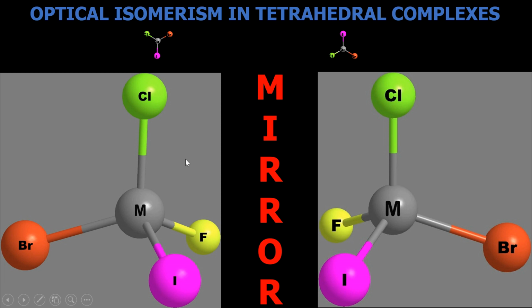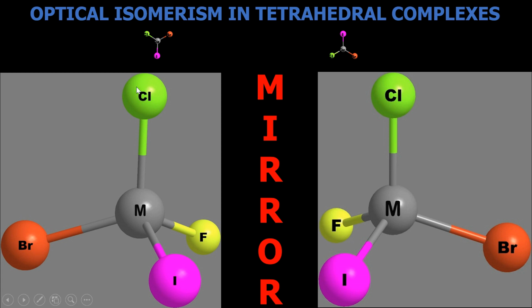Now, visually also you can make out a few things. Number 1, if you have some concept of symmetry, then instead of trying to make a mirror image and then try to superimpose on the original image, what you have to do is look for a plane of symmetry in the molecule.